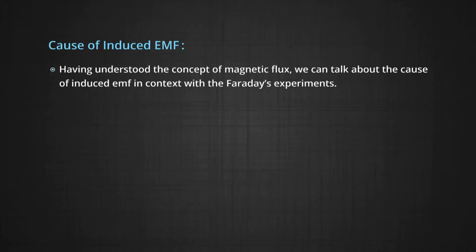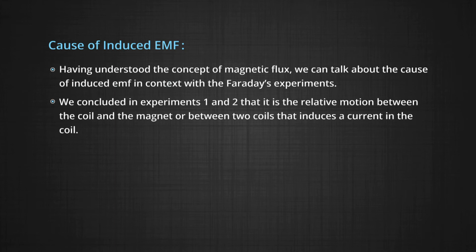Having understood the concept of magnetic flux, we can talk about the cause of induced EMF in context with Faraday's experiments. We concluded in experiments 1 and 2 that it is a relative motion between the coil and the magnet or between two coils that induces a current in the coil. The question is why?